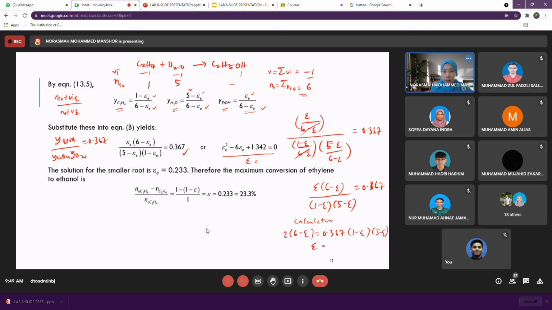Okay, dapat tak? Okay, epsilon adalah 0.233. Okay, kalau yang guna kuasa 2 ni, you kena ambil yang positive number, positive number dengan less than 1. 0.233. Dapat tak ni? Dapat, madam. Okay.